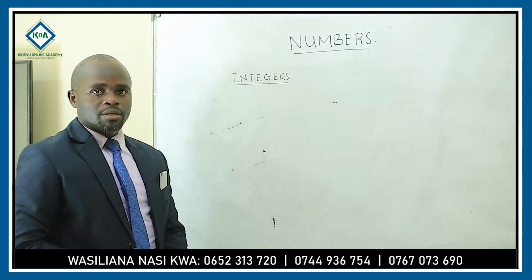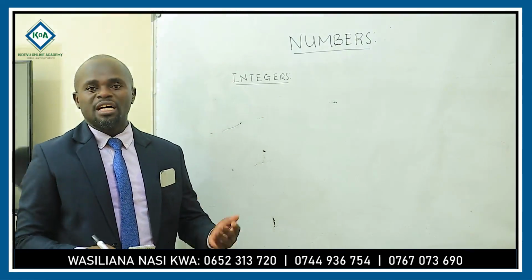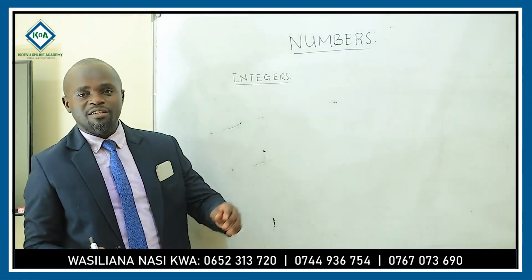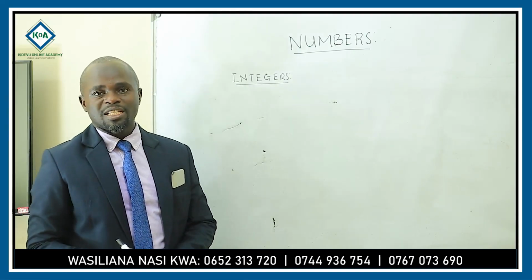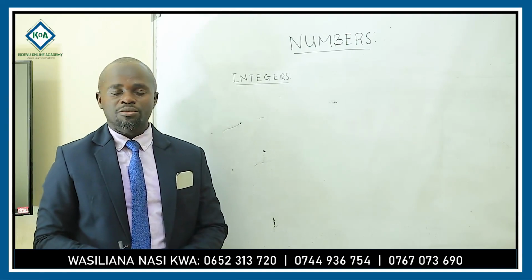Now integers, if we talk about integers, these are positive and negative whole numbers. If we talk about whole numbers, it means here we are excluding fractions, we are excluding decimals. So these are positive and negative whole numbers including 0.